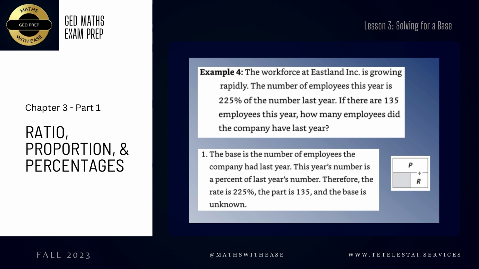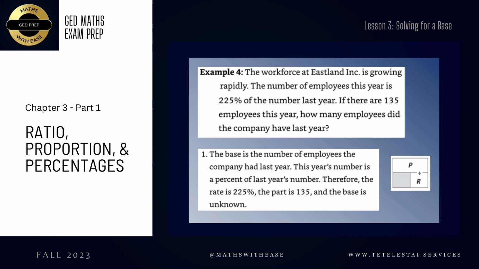And again, I explained earlier today that when you see percent, per is always an indication of division, and cent just means 100, right? So 225% can be rewritten as 225 over 100, or you drop the percentage symbol and move your decimal point 2 places to the left, and that would be written as 2.25.